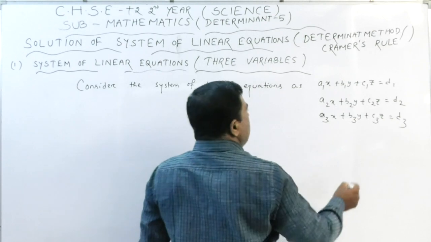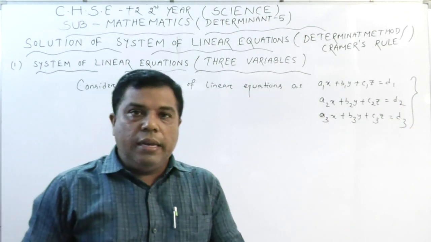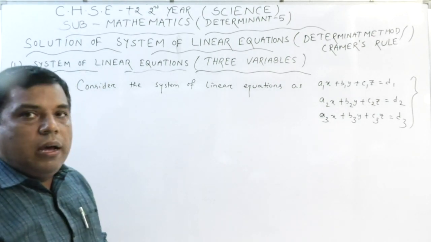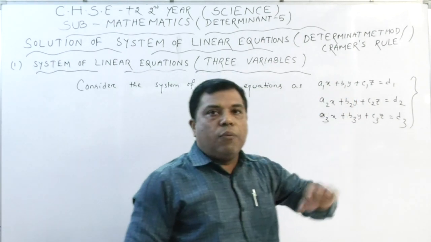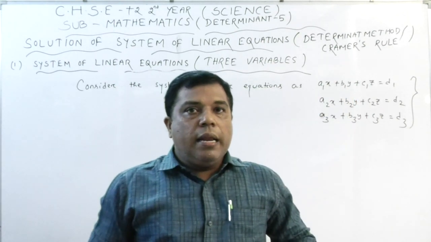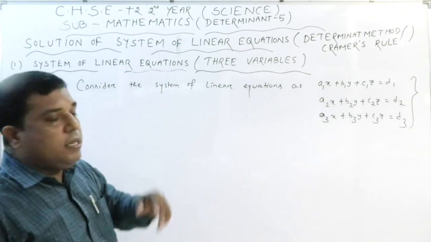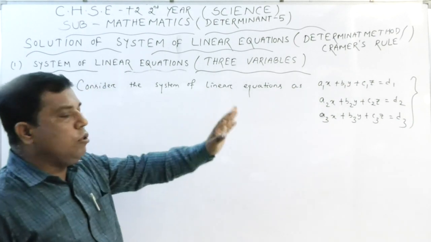So you see there are three simultaneous linear equations, and we have to find the solution of those variables, that is the value of x, the value of y, and the value of z. Now what is the procedure involved in Cramer's rule, or the determinant method, to find the solution?